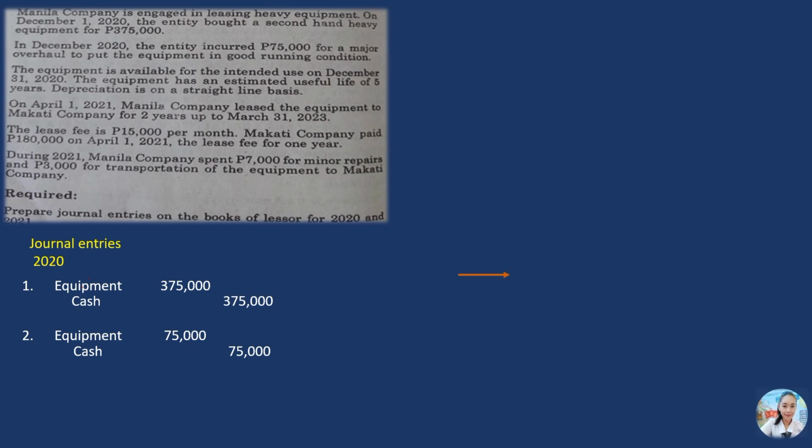Alright. Next is 2021. In 2021, Makati Company paid 180,000 to Manila Company.